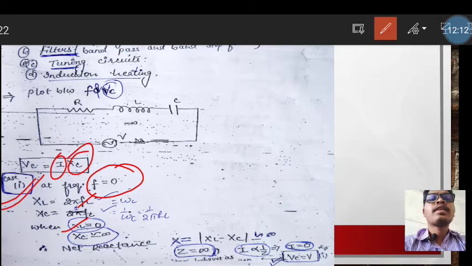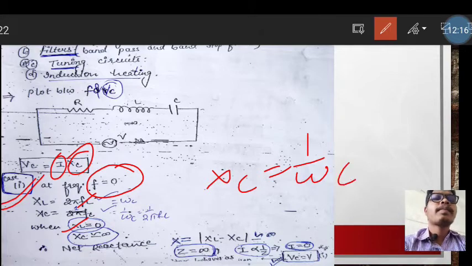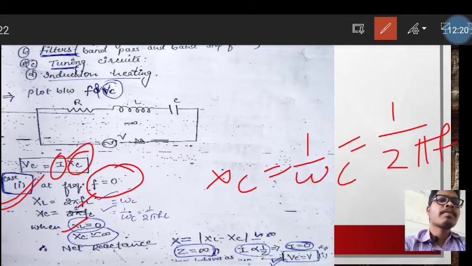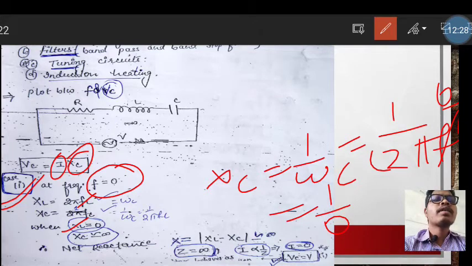Xc is equal to 1 by omega C, that means 1 by 2 pi fC. If f is equal to 0 here, then 1 divided by 0 is equal to Xc. So 1 divided by 0 is what? Infinity. So Xc is equal to infinity.